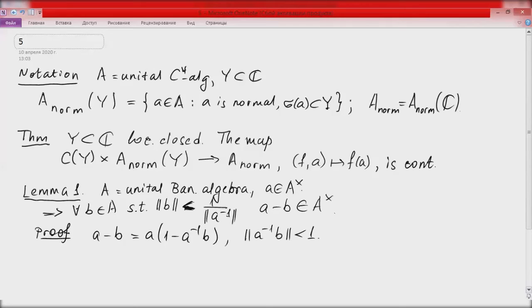And that's it. Since the norm of this element is strictly smaller than 1, this element here in brackets is invertible. Also, A is invertible, and the product of two invertible elements is invertible. And this completes the proof.